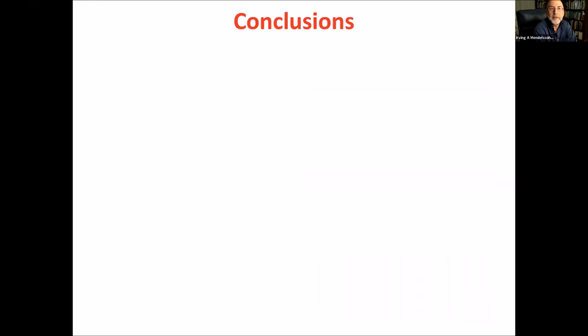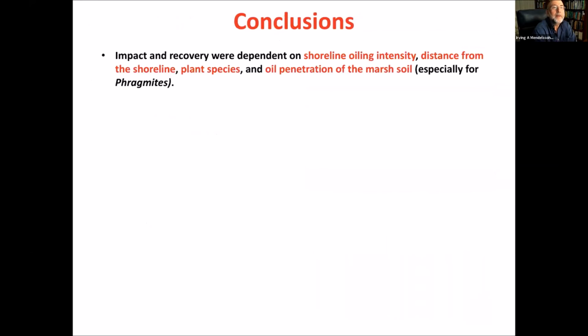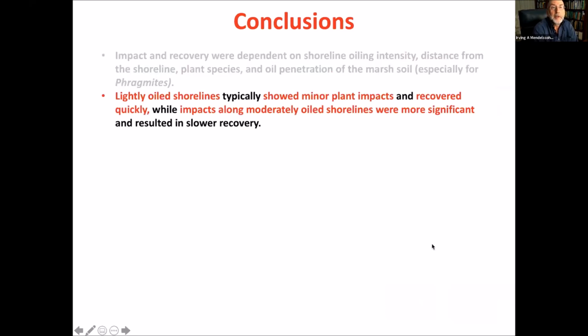So in conclusion, we can say that the impact and recovery were dependent on shoreline oiling intensity, distance from the shoreline, plant species, and oil penetration of the marsh soil, especially for Phragmites. Lightly oiled shorelines typically showed minor plant impacts and recovered quickly, while impacts along moderately oiled shorelines were more significant and resulted in slower recovery.